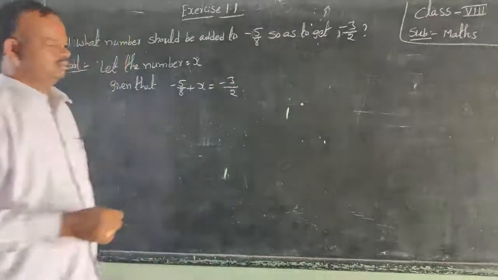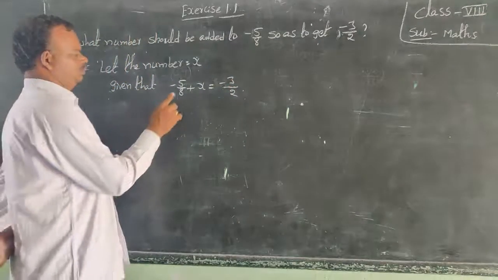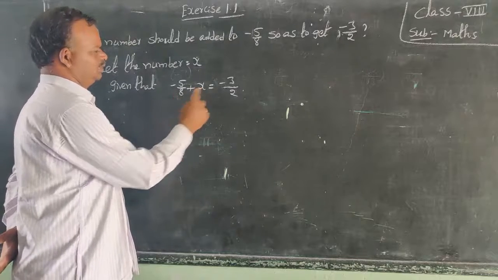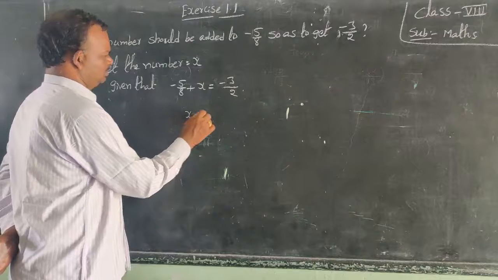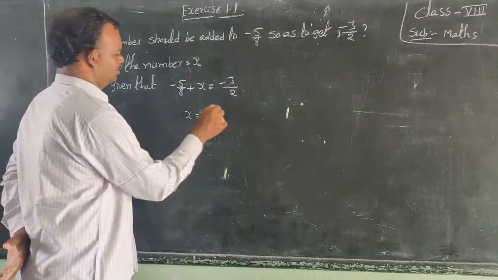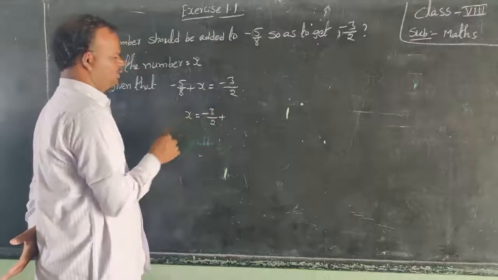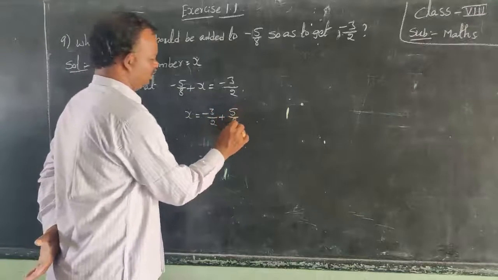Now we are subtracting this value, that means we transpose this value. x is equal to minus 3 by 2. The minus value is transposed and it changes to plus 5 by 8.